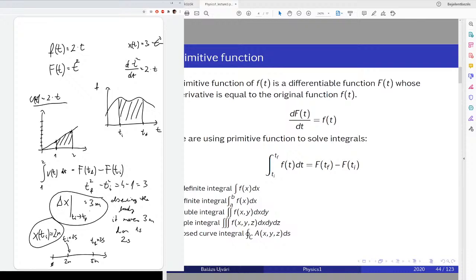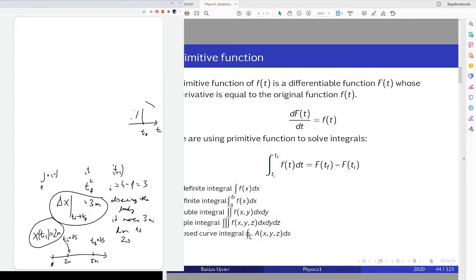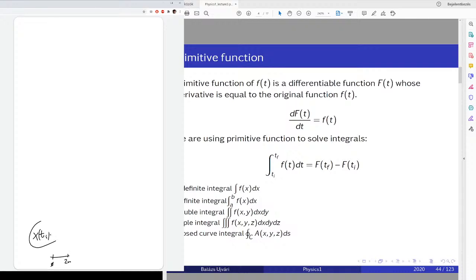How can we solve this? We can solve the equations of the kinematics if we know the x(t). From x(t) we can get v(t), from v(t) we can get the acceleration. So this is the easiest way, from x(t) to v(t) to a(t).